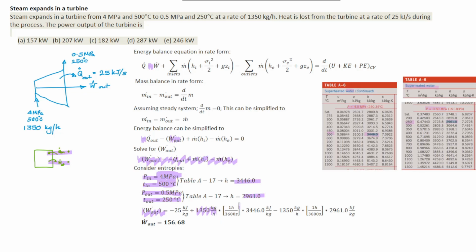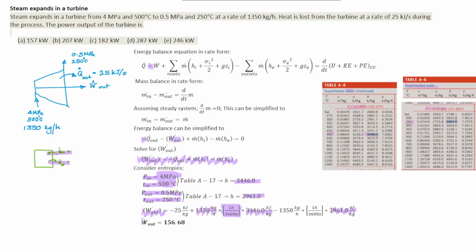So we are going to multiply that with the unit conversion ratio given here. 1 hour is equal to 3600 seconds, so 1 hour divided by 3600 seconds is going to be equal to 1. So we can use that to multiply anything without any changes. And we have the h i that we found and also h e that we found.